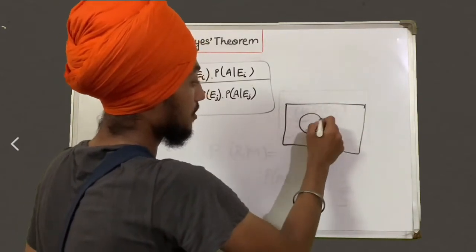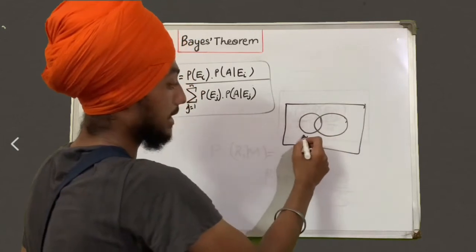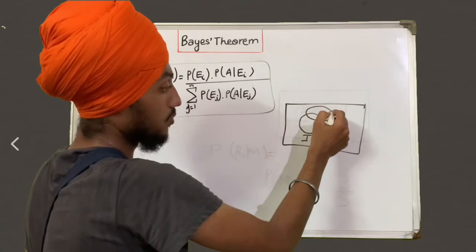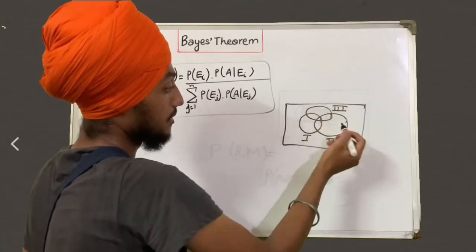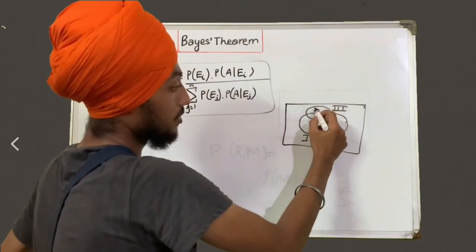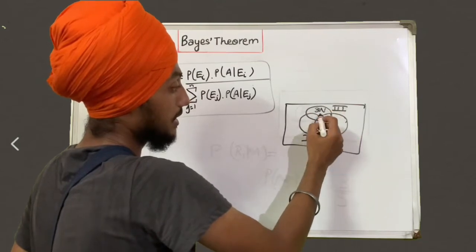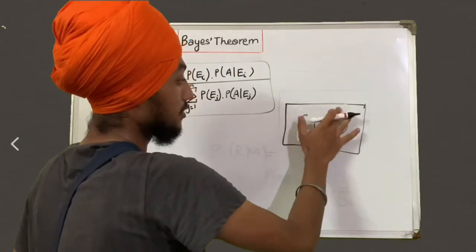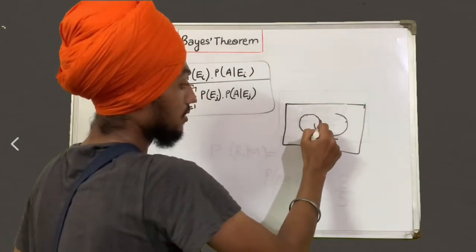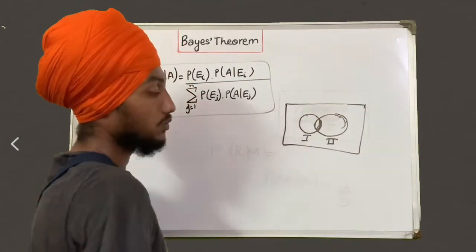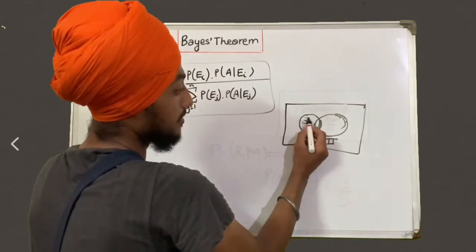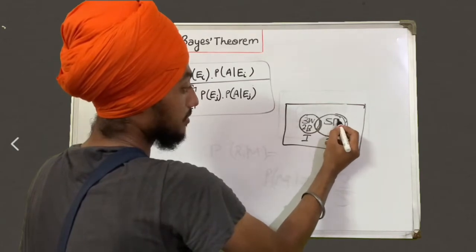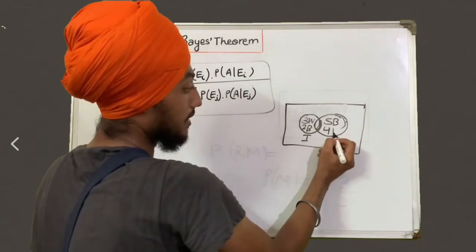Suppose we have two bags, bag number 1 and bag number 2. Bag 1 contains 3 white balls and 2 black balls, and bag 2 contains 5 black balls and 4 white balls.